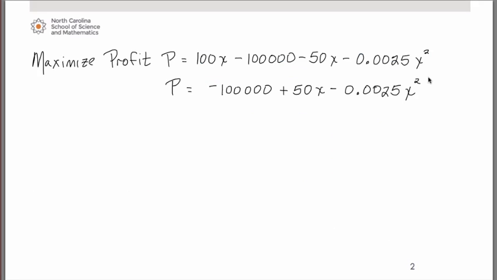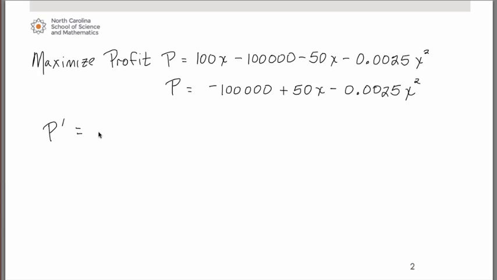I've gone ahead and rewritten what we have for our profit equation. I distributed the negatives, how we were subtracting away the cost, and I went ahead and simplified and combined my similar terms. So we have here a profit equation that we want to maximize of negative 100,000 plus 50x minus 0.0025x squared.